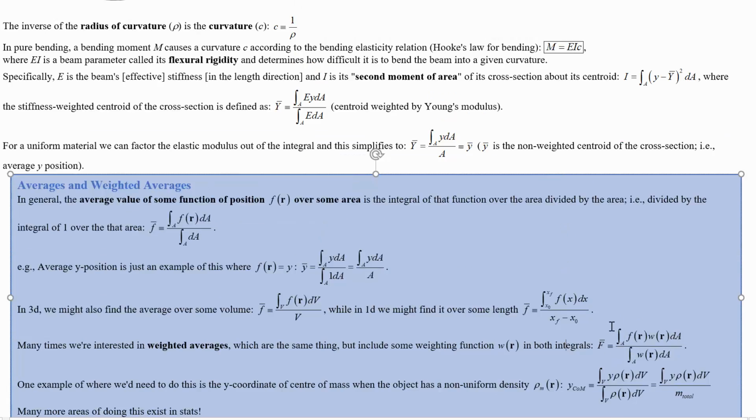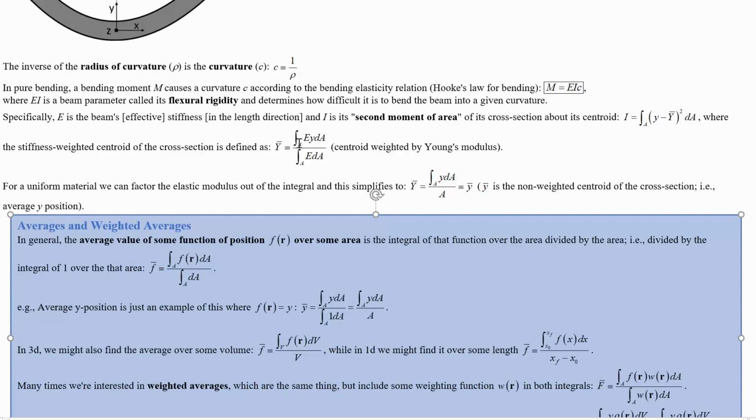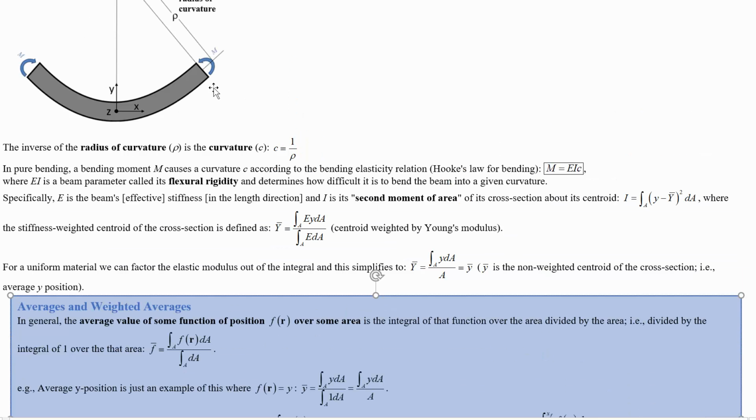Why would you use this? Well, for one, in calculating the stiffness weighted centroid, this is going to be effectively giving more weight, more emphasis, to the parts of the area where the stiffness is higher. So if you have a combined cross-section, like your cross-section is part steel and part of it is wood, then the steel part, which is much, much stiffer, has a higher Young's modulus, is going to have much more weight on where the average position should be, where the centroid should be, where the center of the bending should be, than the wood part, because the wood being there doesn't really affect the steel that much at all.